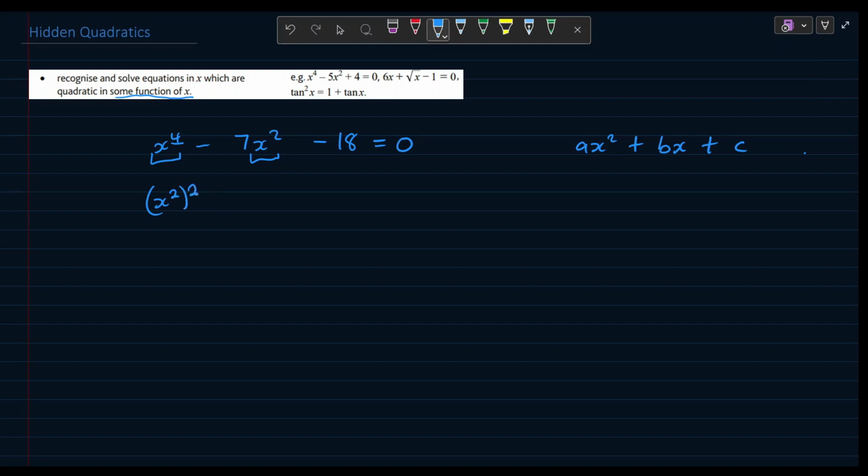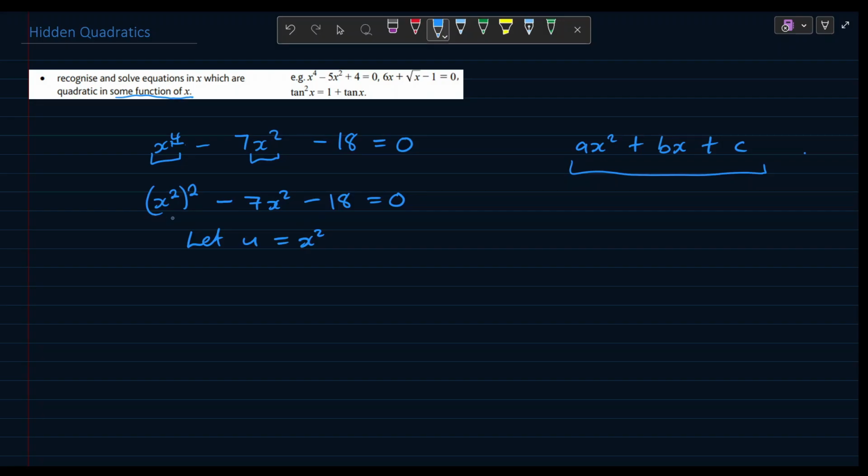2 times 2 still gives us our 4, so this is still x to the power 4 minus 7x squared minus 18 is equal to 0. To show that it's in the form ax squared plus bx plus c, we use a substitution. Let u equal x squared.